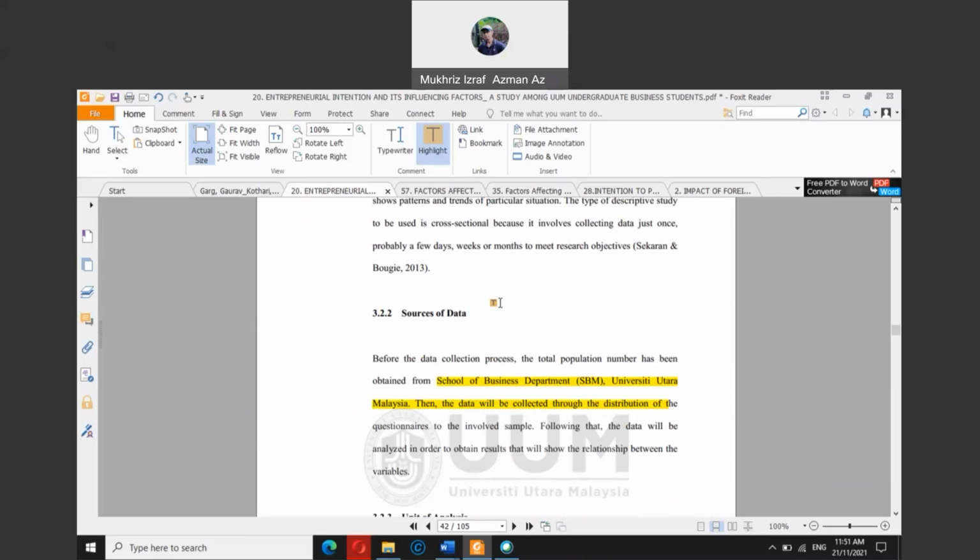Okay, so either way, you must be able to determine how you are going to identify these B40 individuals. Okay, so you need to mention clearly.